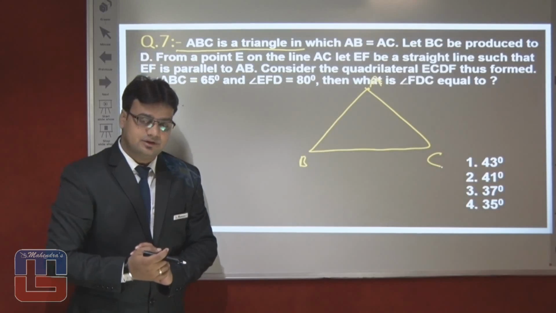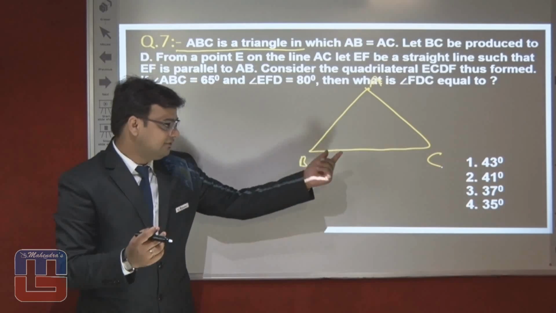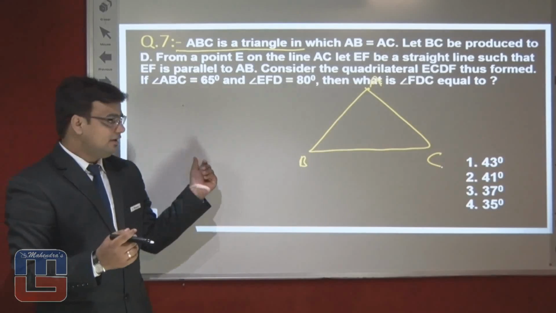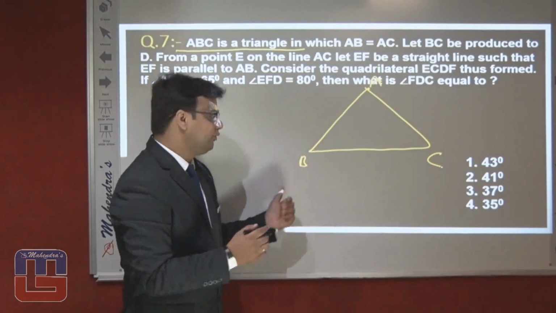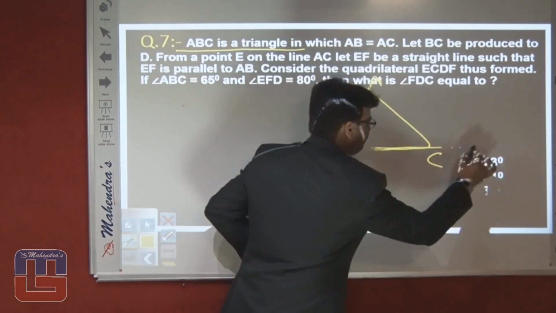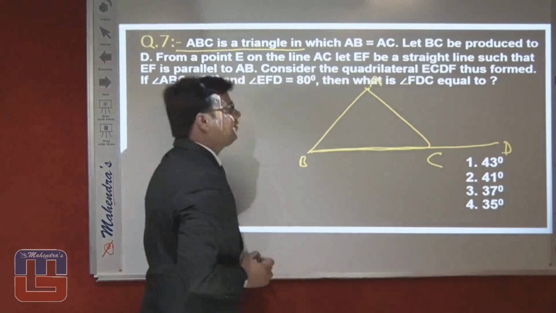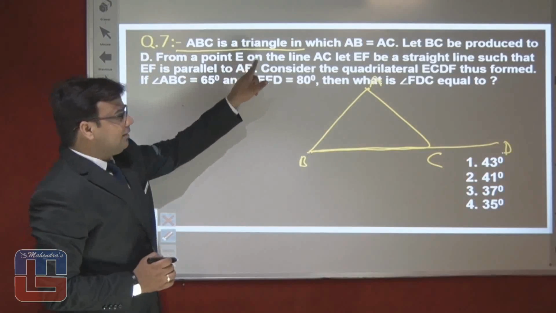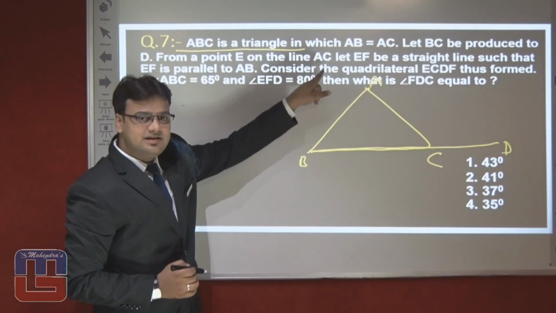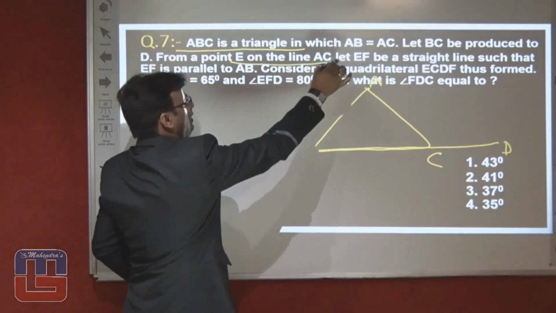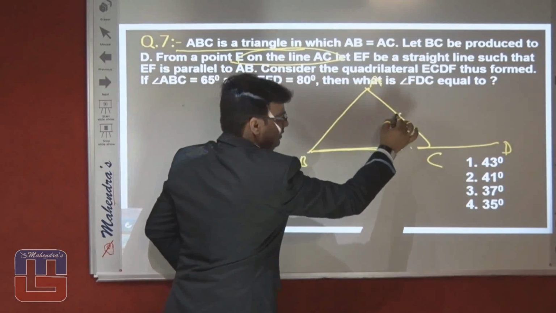BC produced to D, that means we extend it that way. Next, E is a point on the line AC, in this way.